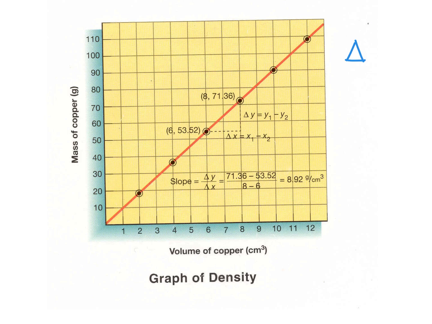So we're looking at the change in the y value between the two y points, and the change in the x is our denominator. You can see here they got their two coordinate points, and they're doing the y minus y over x minus x and coming up with a density.